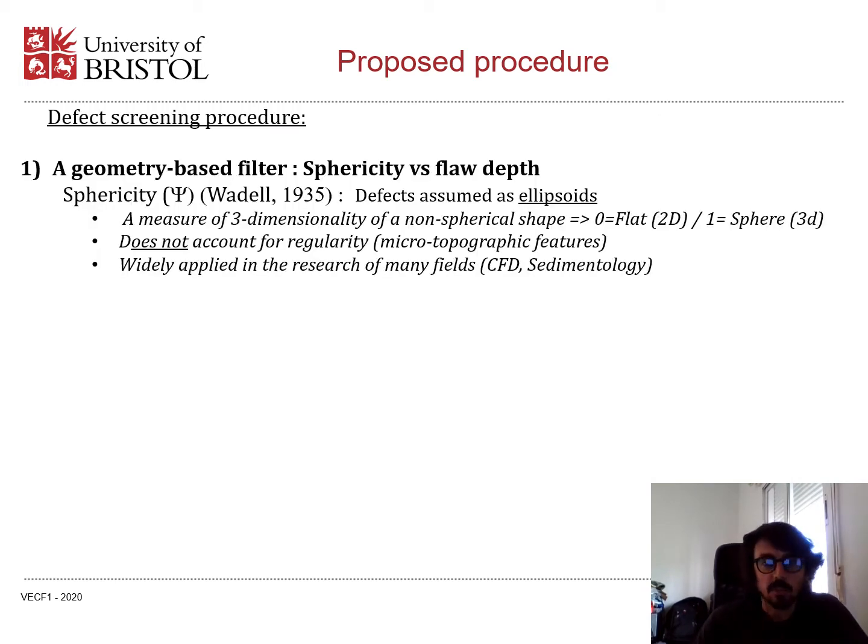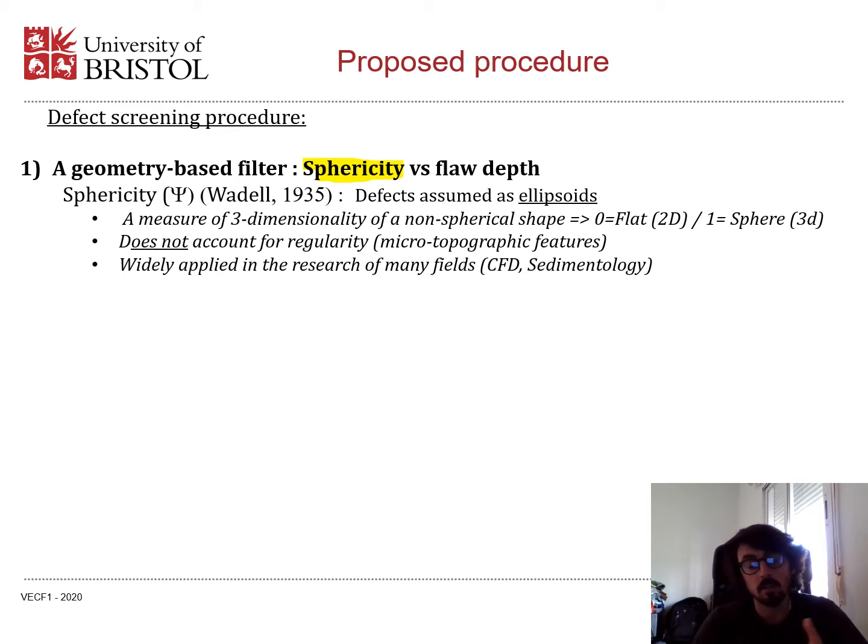So the geometry-based filter uses two parameters, one of which is sphericity. Sphericity gives you an idea of the roundness of a component, and it's basically comparing the surface area of a sphere with the same volume of the defect, and that will give you a metric between 0 and 1. 0 would be a flat 2D defect, and 1 would be a sphere.